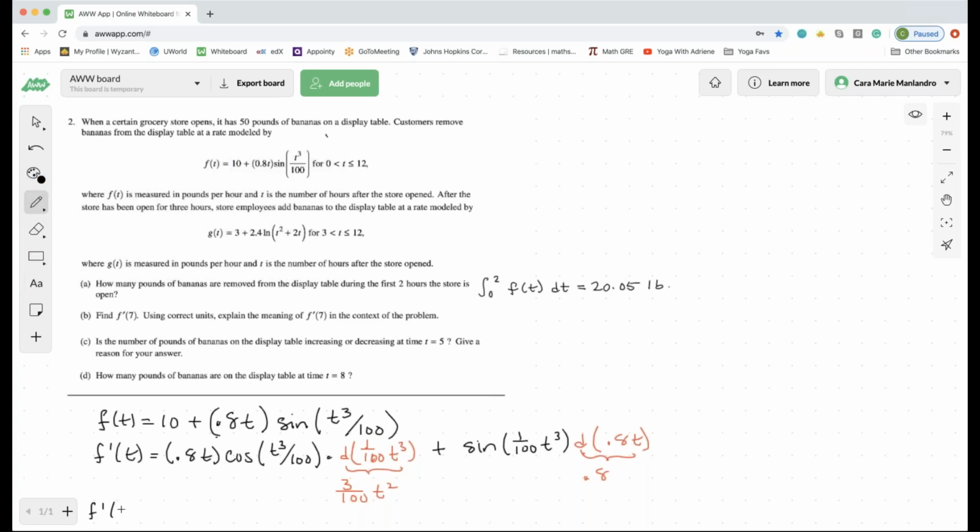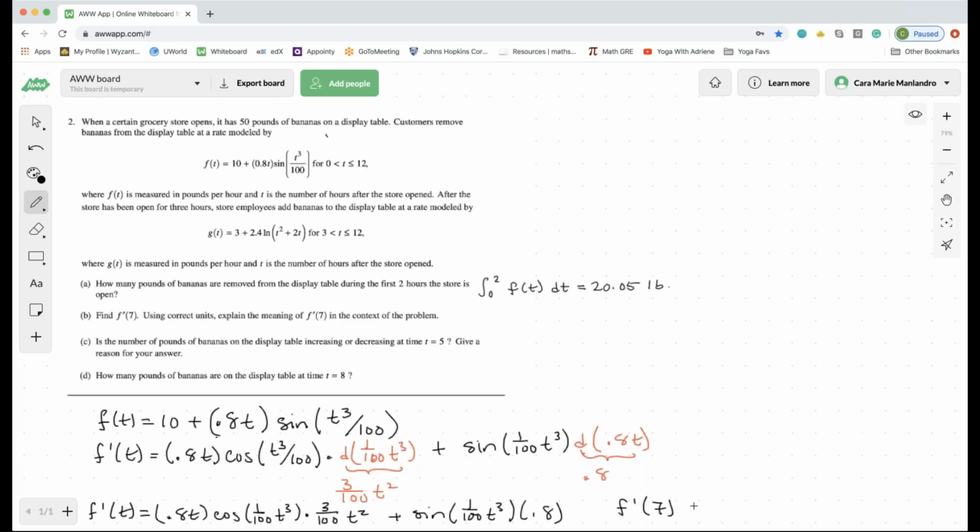So then all together, f prime of t is 0.8t cosine of 1/100 t cubed times 3/100 t squared, plus sine of 1/100 t cubed times 0.8. So product rule and chain rule. And then I'll plug in f prime of 7, so bear with me while I plug it in.